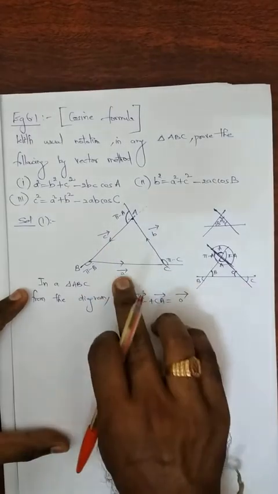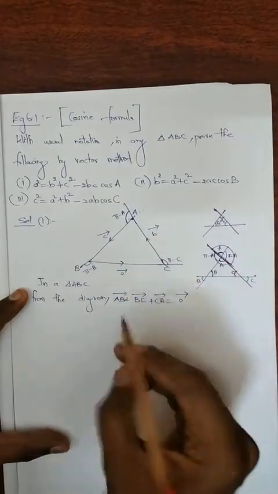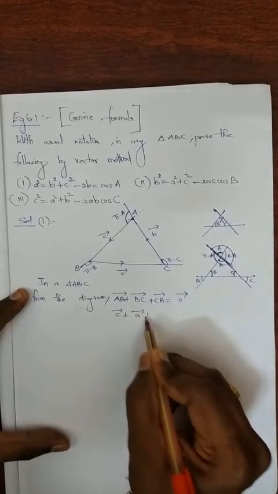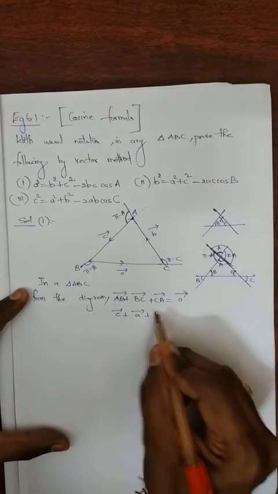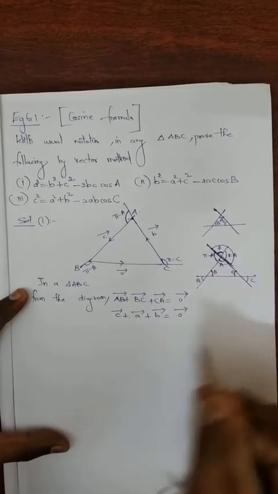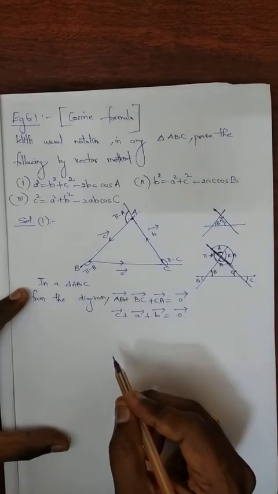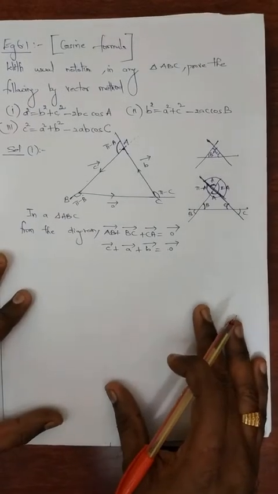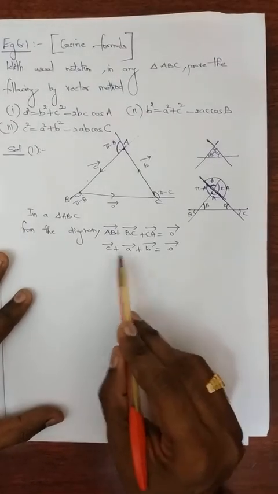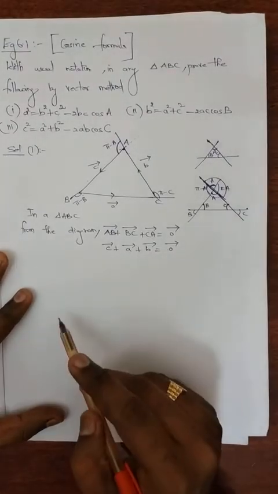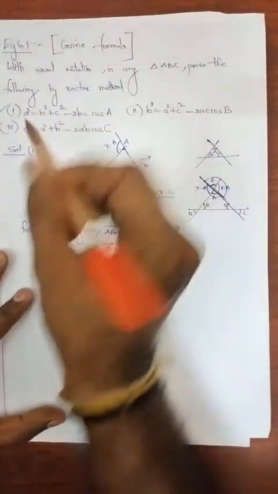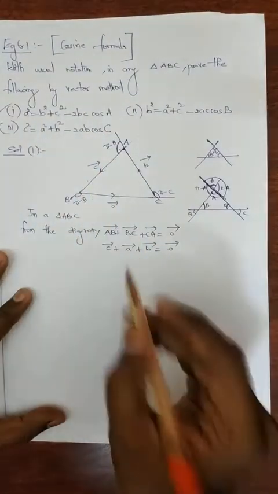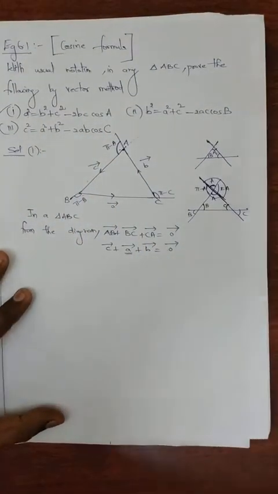If I say C vector plus A vector plus B vector, I can write AB vector as something, BC vector is A vector, CA vector is something, but B vector is equal to 0 vector. So after writing C vector plus A vector plus B vector is equal to 0, since I am going to prove A square, which is on the left hand side, I need to keep A vector on the left hand side.